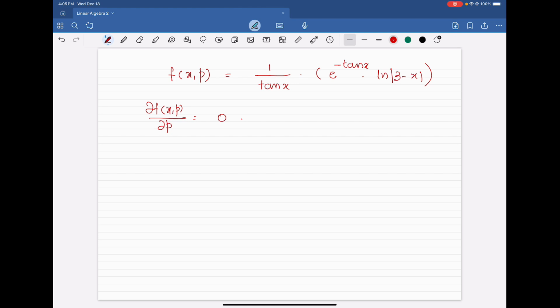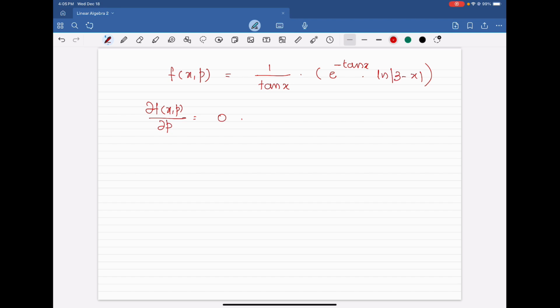In JEE Advanced Mathematics, some good questions are asked on Leibniz rule. One of the questions I will solve today, once you understand this Leibniz rule clearly.